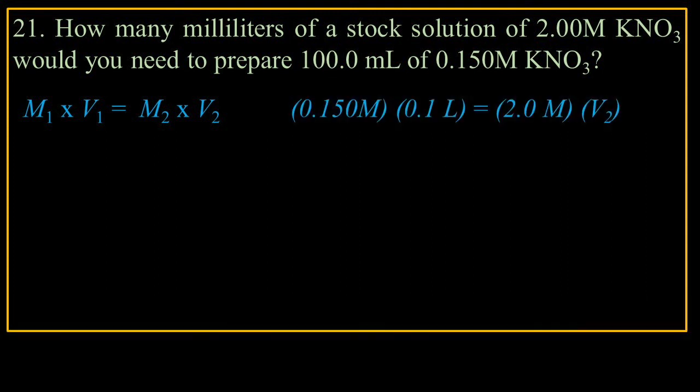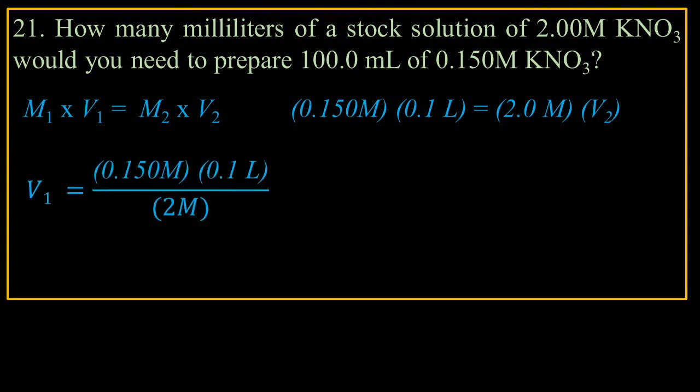Of course, it's not a gas problem, but the same idea in terms of the equations. Now, you just have to simply pick what conditions you want, and make sure that your molarities and the volumes that you're taking are the same condition.